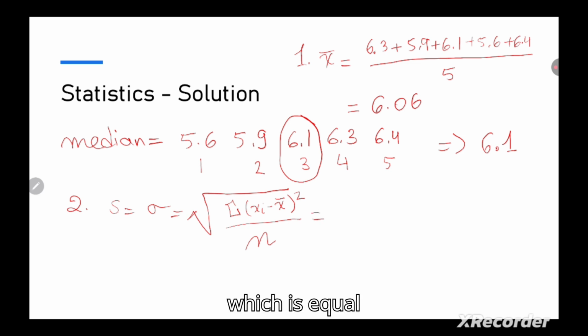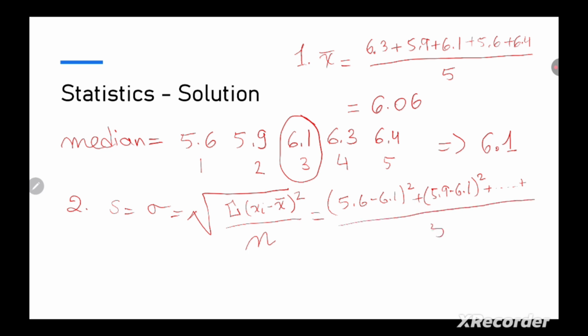which is equal to 5.6 minus 6.1 square plus 5.9 minus 6.1 square, and so on, over 5, right? Square root.